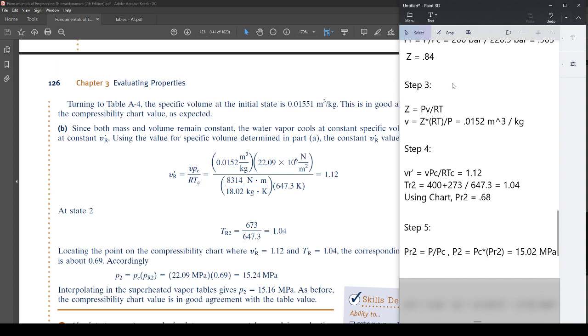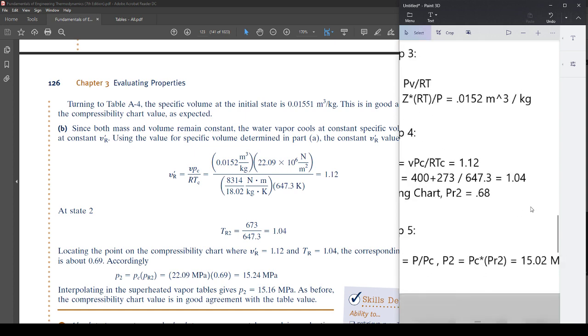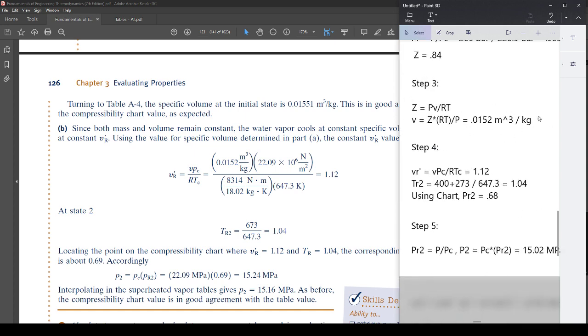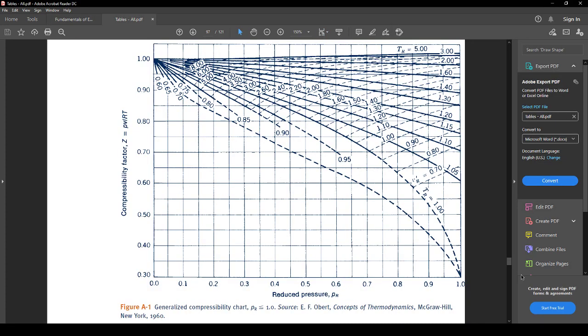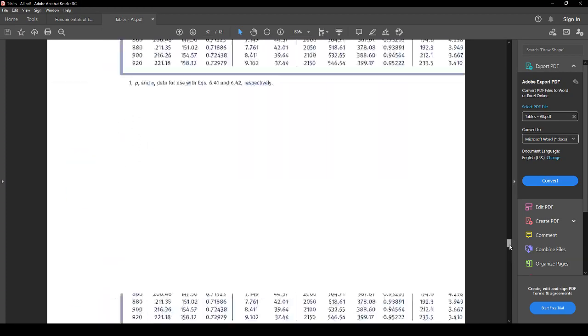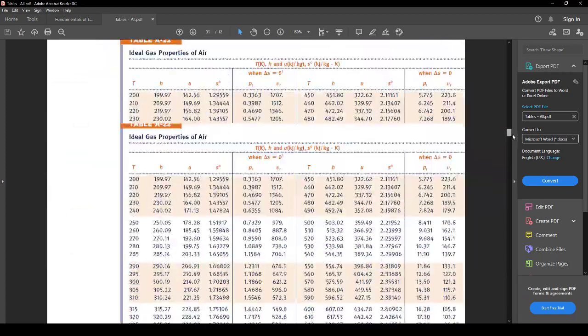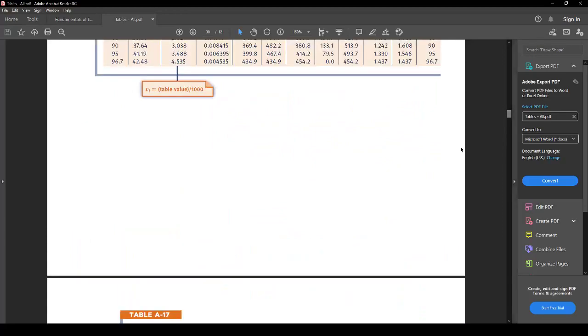Now, really quickly before we get out of here, we're going to hold on to these values. So this pressure right here, essentially 15, we'll just call it 15. And then let's look at our other one, which was the specific volume, which is 0.0152. So let's hold on to that, and then let's go to the tables. So we're going to the water tables now, okay?